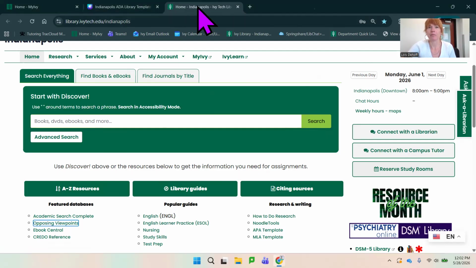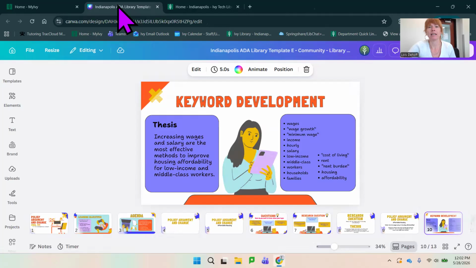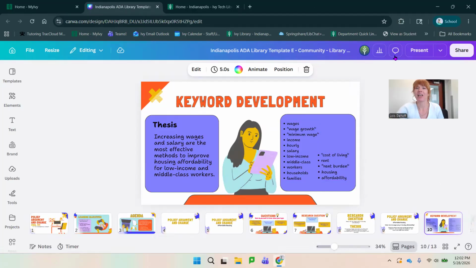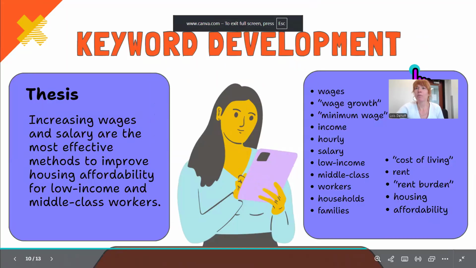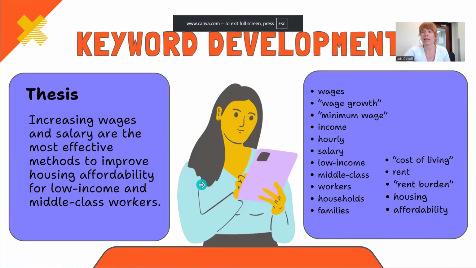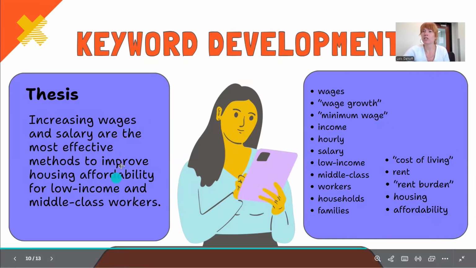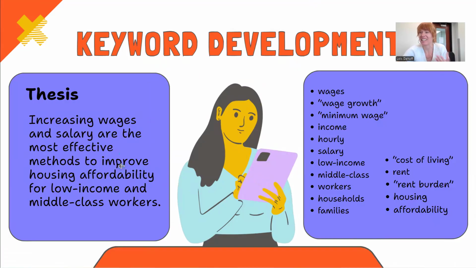So what we're doing here is, when we're in the keyword development stage of our process, we are trying to come up with words that we can type into those databases. And they're tied to our thesis, they're tied to the research question, but we're trying to use as many words as we can from here because this is exactly what we're trying to prove.